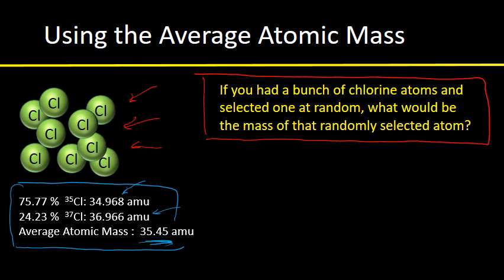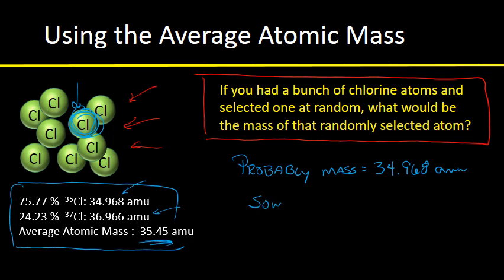If we had a really tiny pair of tweezers and we reached in and grabbed one of these at random, what would the mass be? We don't really know because we're selecting at random, but about 76% of the time the mass would be 34.968 AMU.